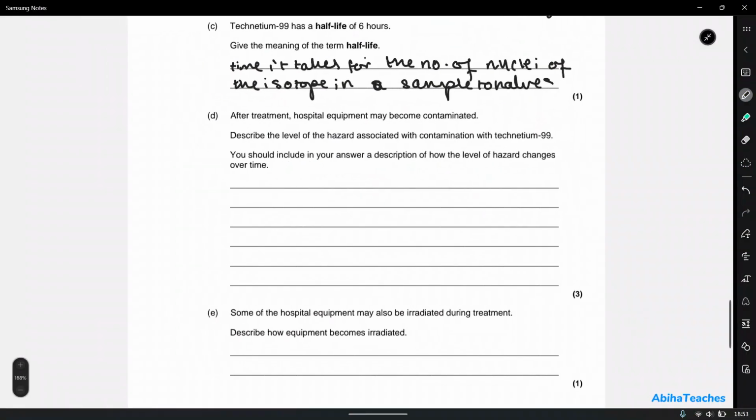This means that initially, when this is in the body, there is a very high level of hazard. However, the level of the hazard drops to a low level very quickly due to the short half-life, and that is what will give us the next 2 marks.